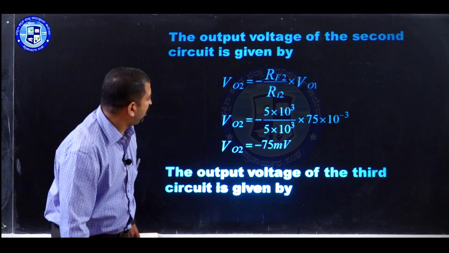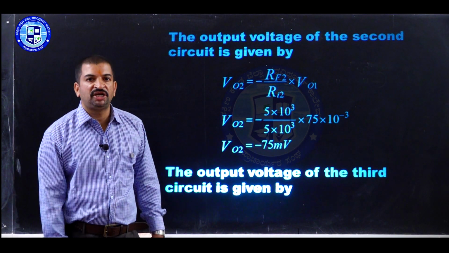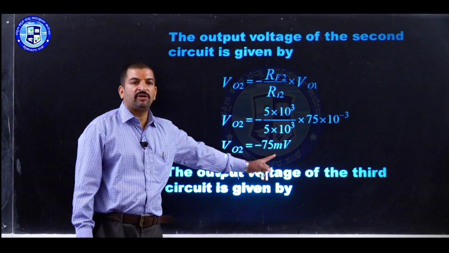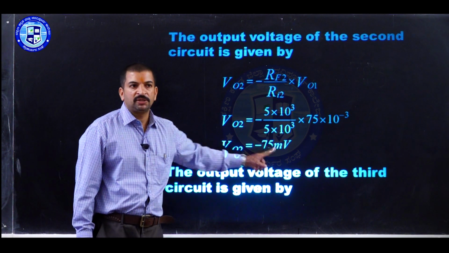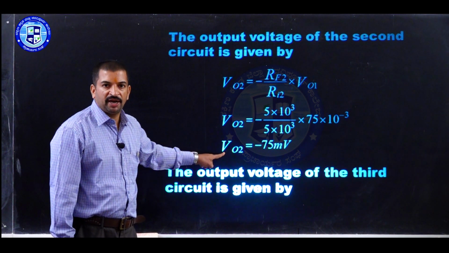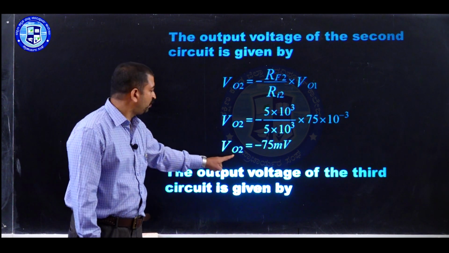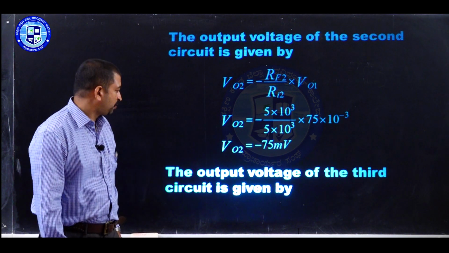Now, the second circuit is the inverter or the sign changer. The output voltage of the first circuit is 75 millivolts. Therefore, the output voltage of the second circuit is the inversion of its input voltage. So, VO2 equals minus 75 millivolts.